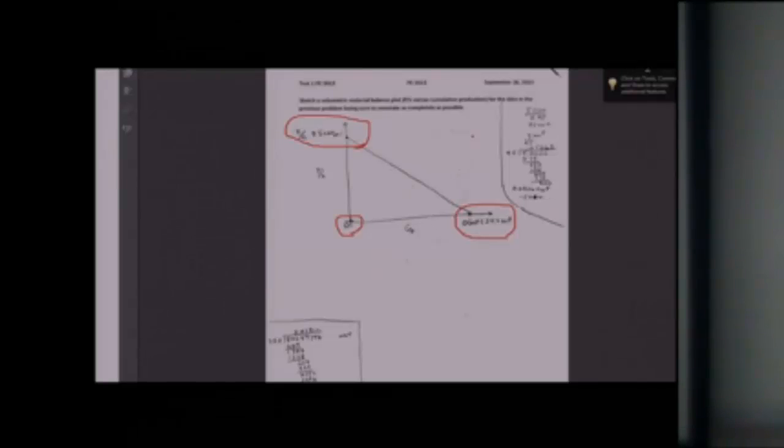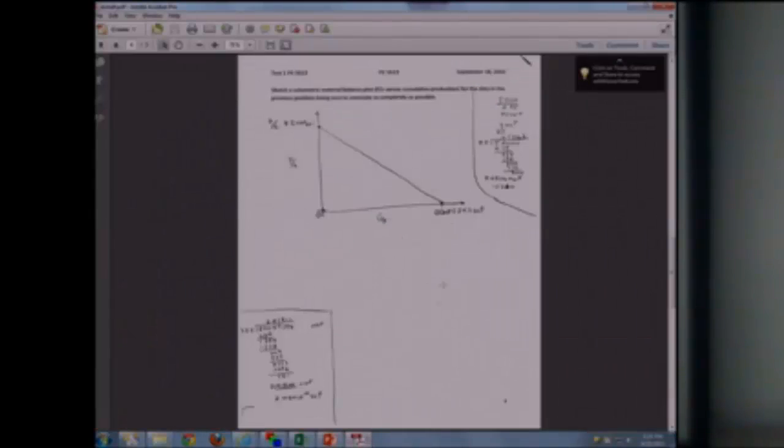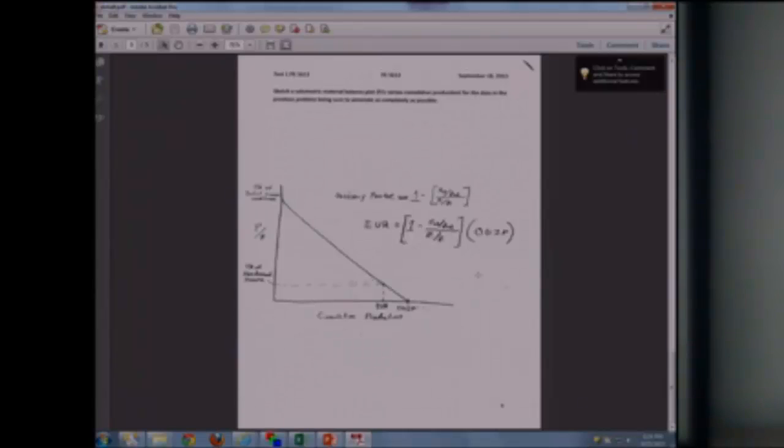But I was also looking for, because I gave 4 points for this problem, I was also looking for the idea that you can get recovery.